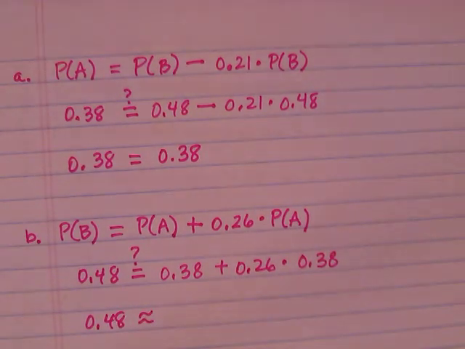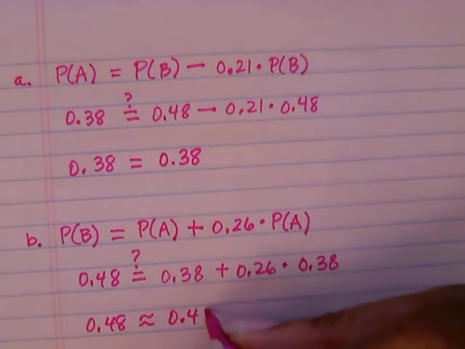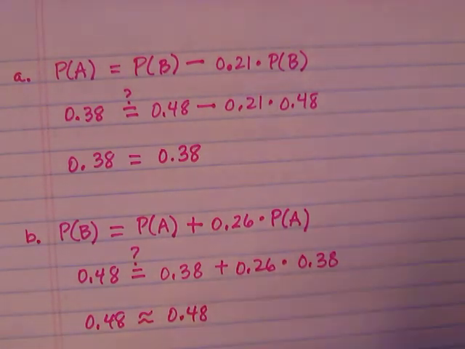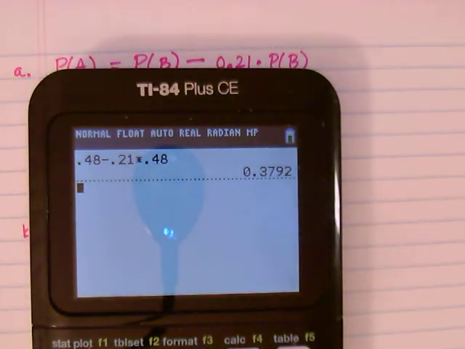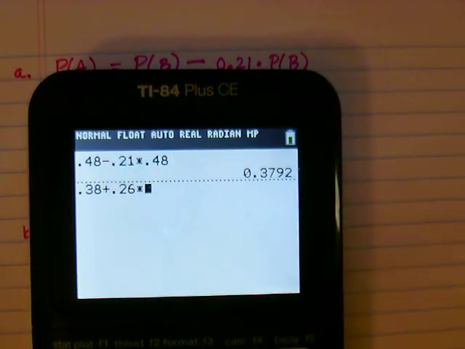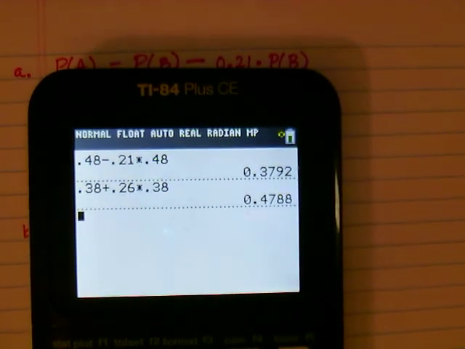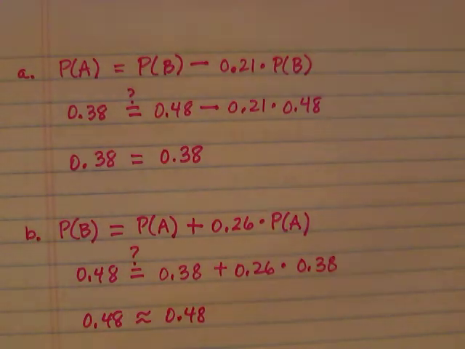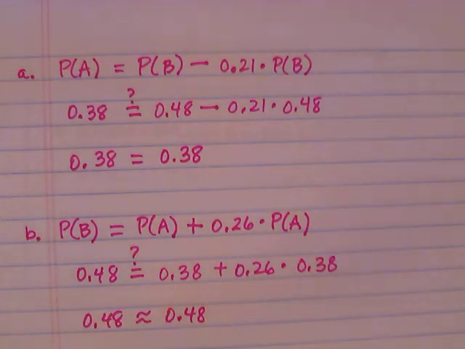If I do 0.38 plus 0.26 times 0.38, I should get about 0.48. I'll go ahead and show that to you on the calculator. 0.38 plus 0.26 times 0.38. It says 0.4788. Round that up to 2 decimal places, you'll get about 0.48. So I verified that B is about 26% more likely than A.